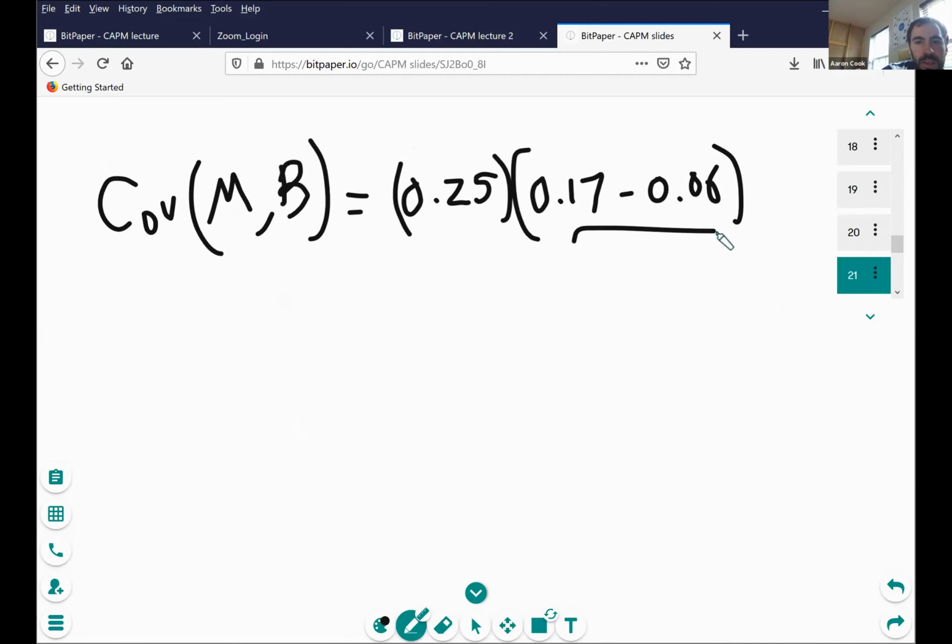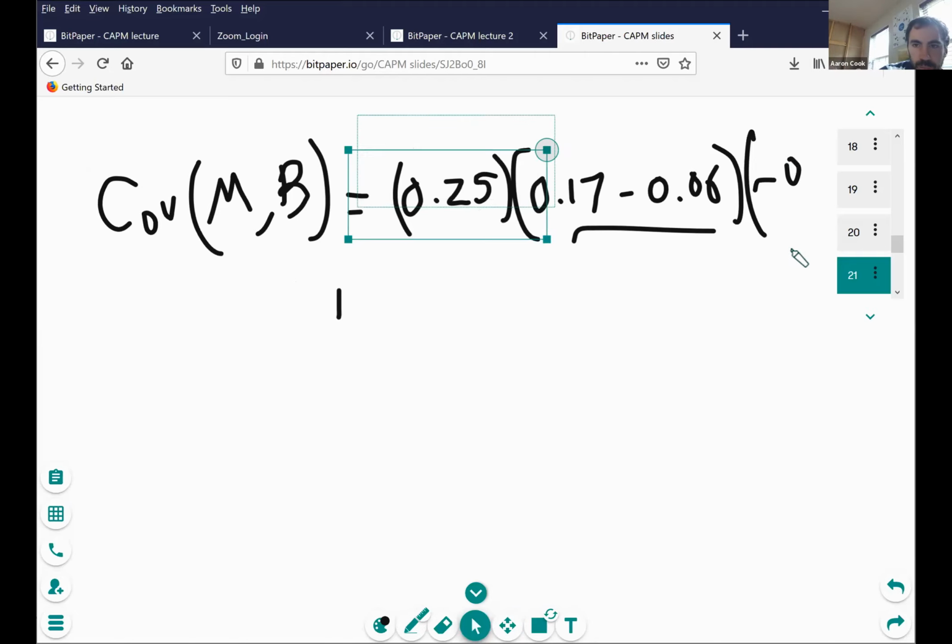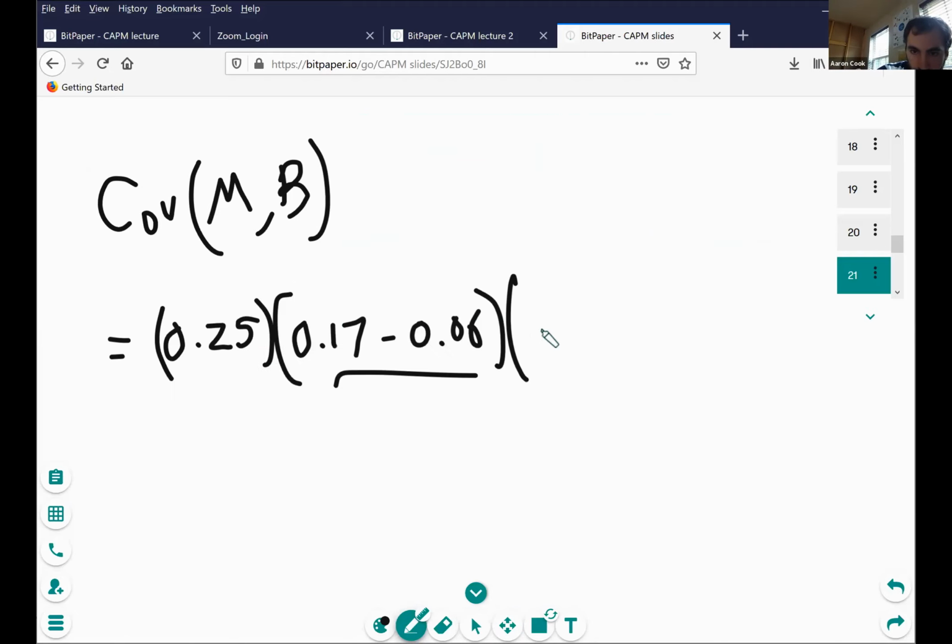Then you multiply that by the corresponding value for the market. Scenario 1 is associated with a loss of 3% for the market as a whole, and the overall mean return is 4%.